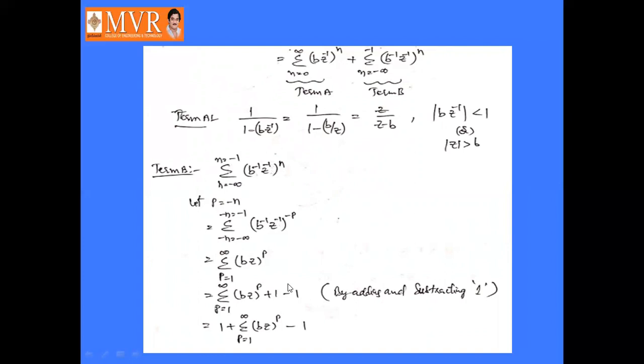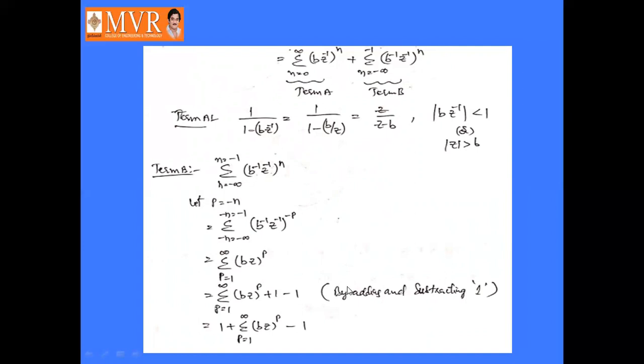As we have already seen this type of problem, let p equal to minus n, so n varying from minus infinity to minus 1 becomes p from 1 to infinity. So n is replaced by minus p, and it becomes the sum from p equals 1 to infinity of (bz) power p.